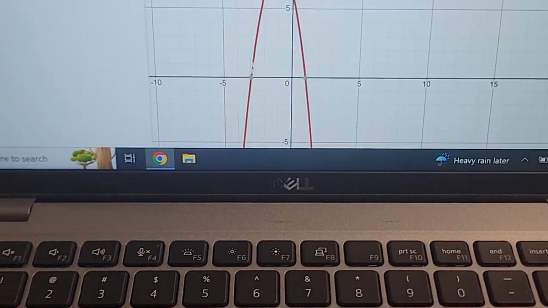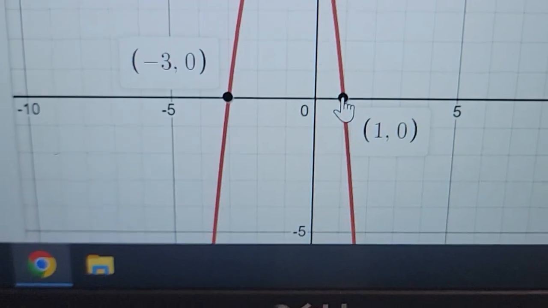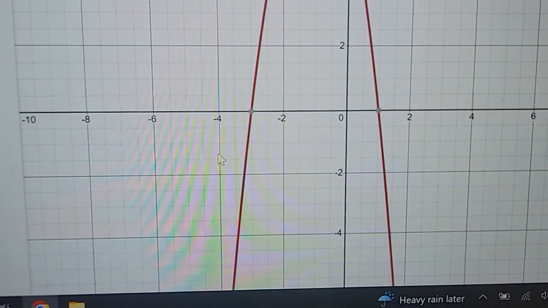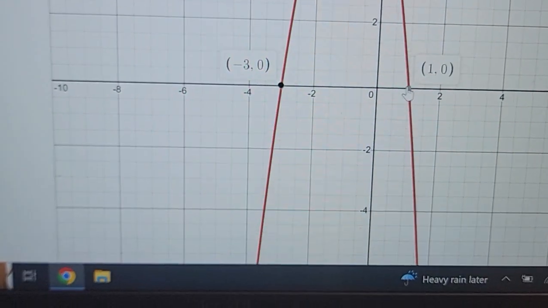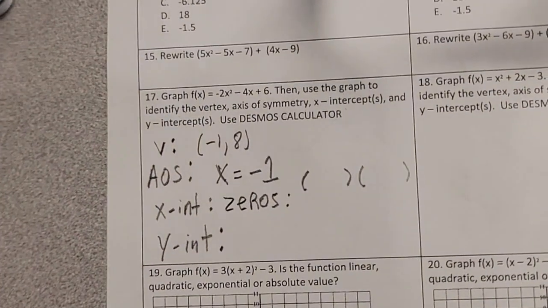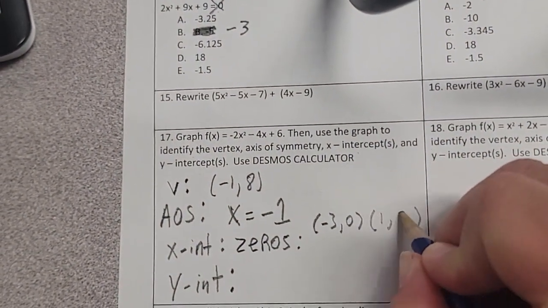Here, you're going to have this one and this one. You see that dot? This is the x-axis. There you go. That's my x-axis, and it crosses at -3 and +1. So write it down. So I have (-3, 0), (+1, 0).